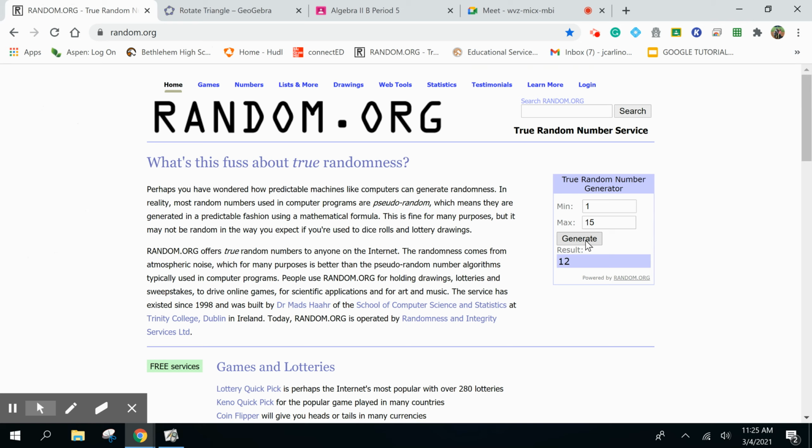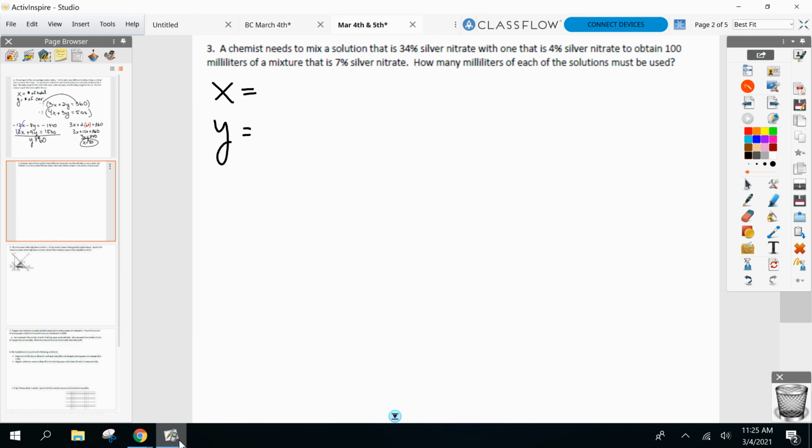Dan, here we go. What's the first type of solution I need to mix? I got to mix first what? The silver nitrate with what percent of the silver nitrate? 34%.